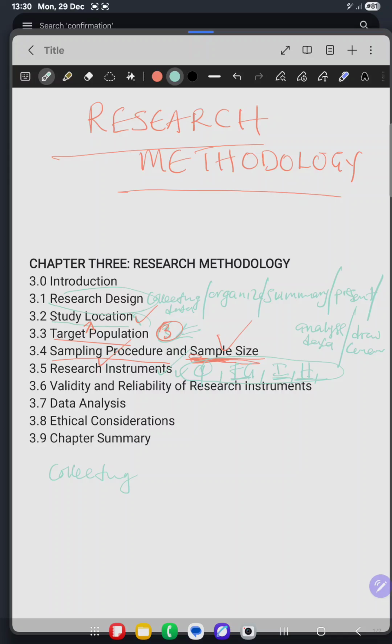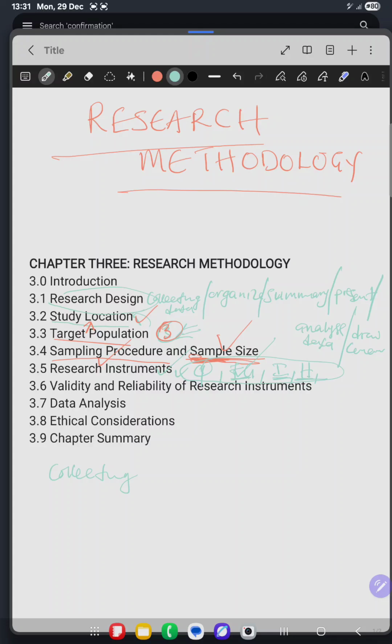So questionnaires are just the questions that you write somewhere, maybe on a piece of paper, that you are going to ask your respondents as you conduct your research. So we have focus group discussion, where you'll be just discussing with these respondents.